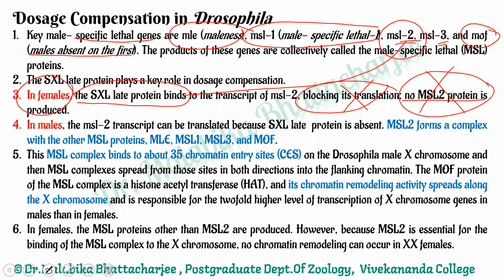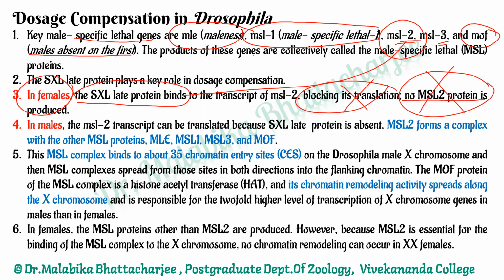Now, this protein is essential for binding to the X chromosome, because this complex of 5 proteins must bind to the X chromosome in males and increase its activation level. So in case of females, this particular MSL2 protein is missing. Of the 5 proteins in the complex, if one is missing, the complex is not functional.